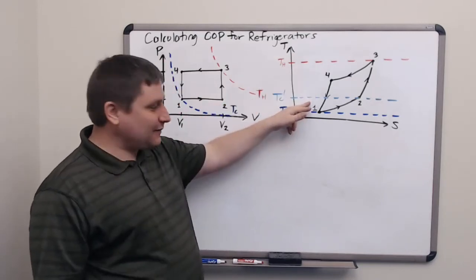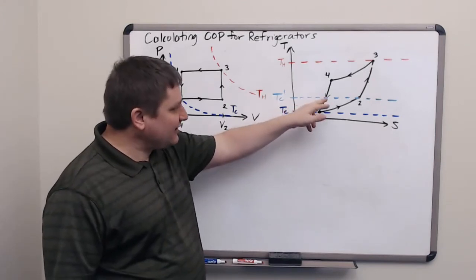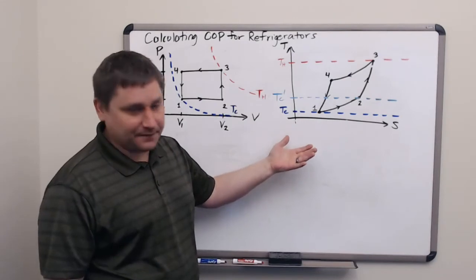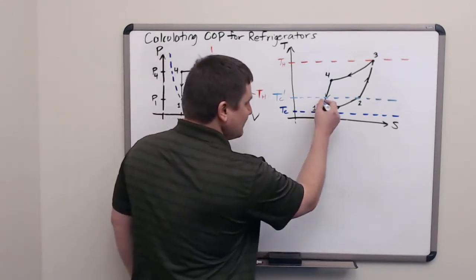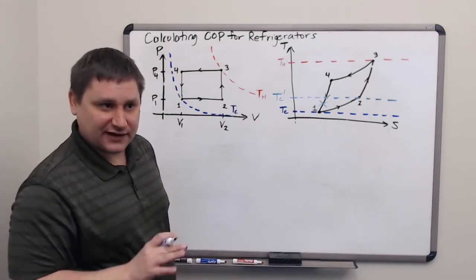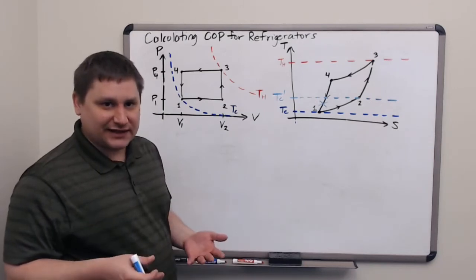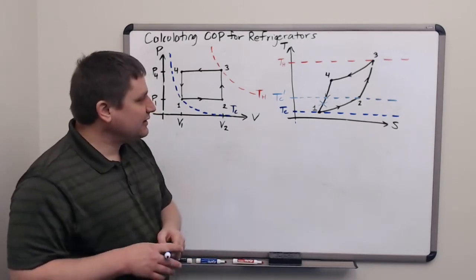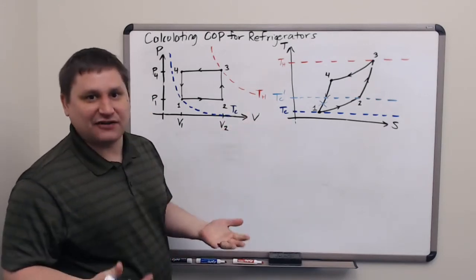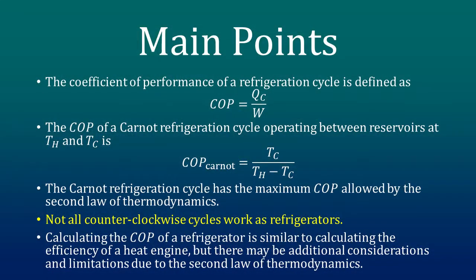But once the working substance reaches the temperature TC prime, it's now continuing to move to the left without any colder reservoir available. So that segment of the 4 to 1 process is forbidden by the second law. It turns out there is not really any place that we can put the cold temperature reservoir on this diagram to make it actually work as a refrigerator consistent with the second law of thermodynamics.